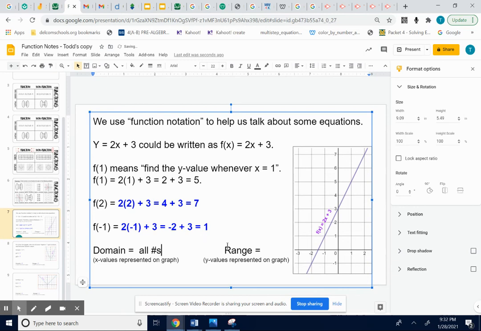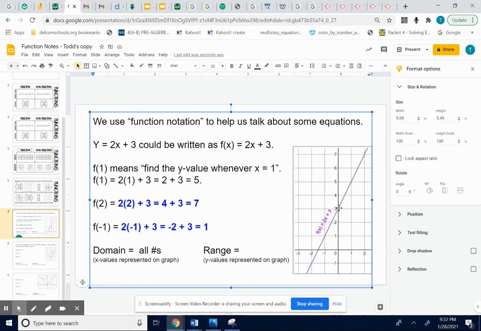All numbers. The range is the y values represented on the graph. Think about your y-axis. Think about which numbers on the y-axis would have a point somewhere on this line. It goes on forever and ever and ever.